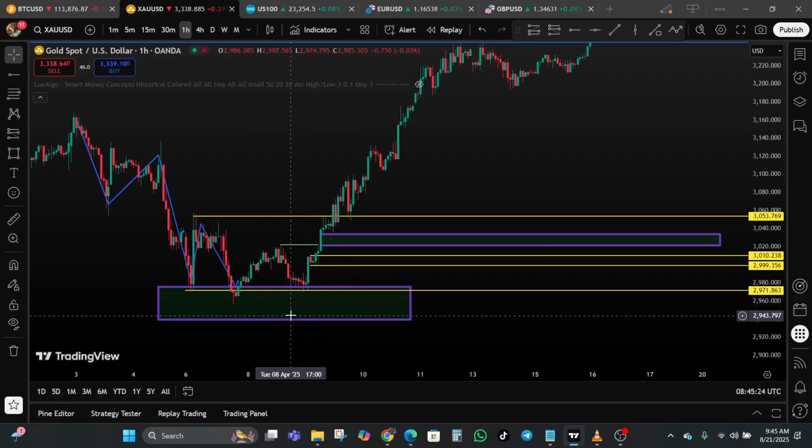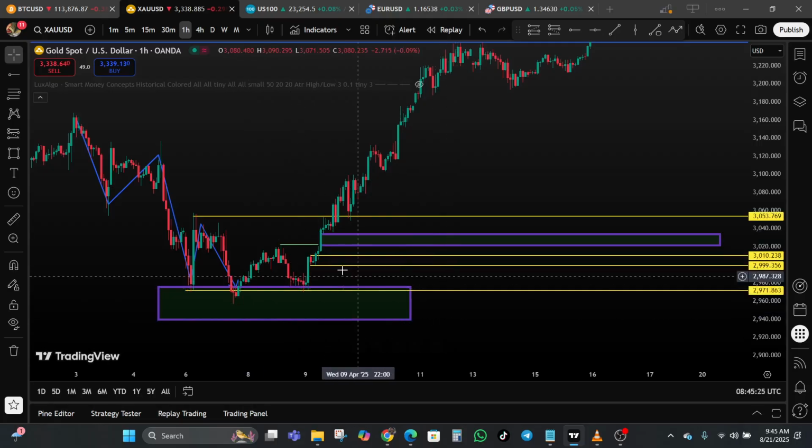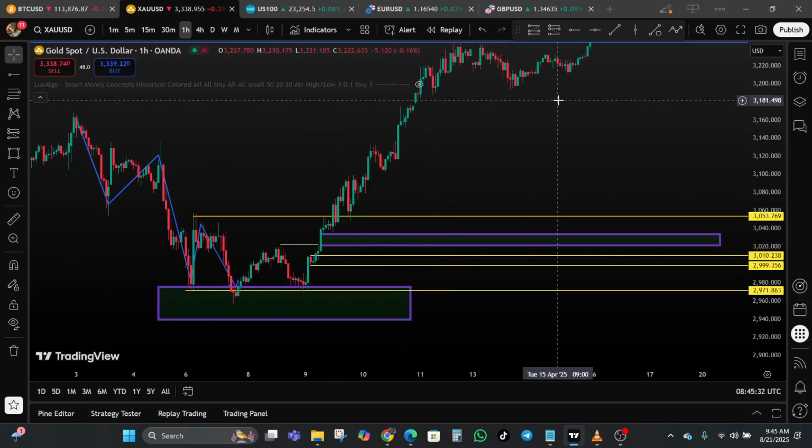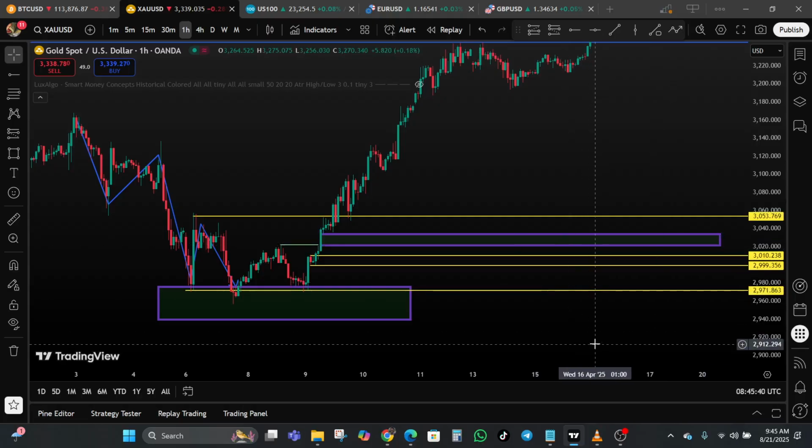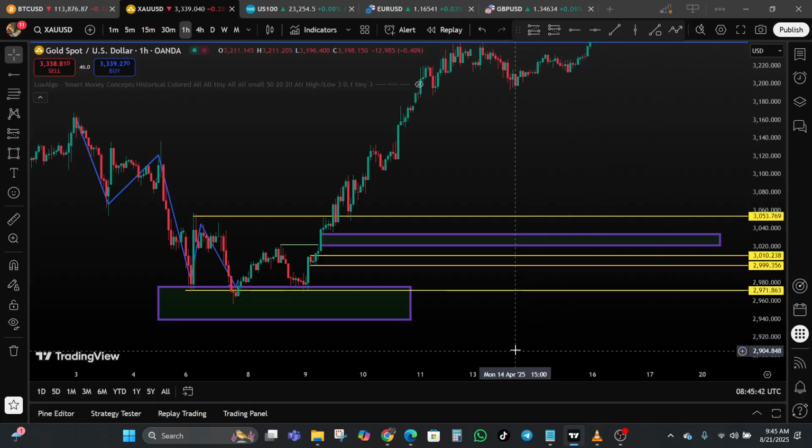Then just watch how price interacts with order blocks, fair value gaps or rejection areas near those pools. And use that information to anticipate where institutions are most likely to move the market next. The beauty of this approach is that it is not about predicting the future. It's about reading the market as it unfolds.